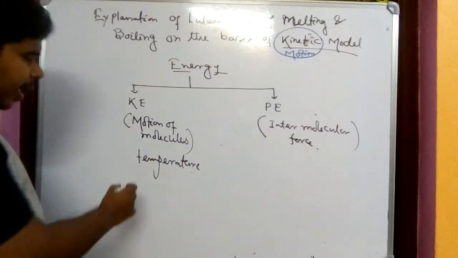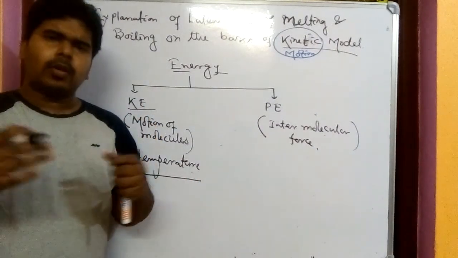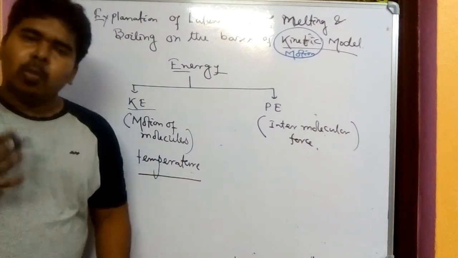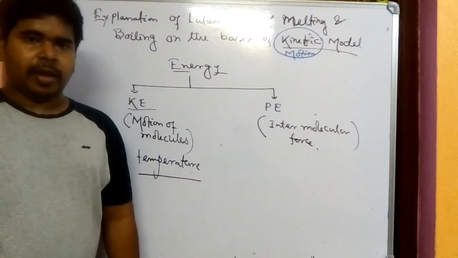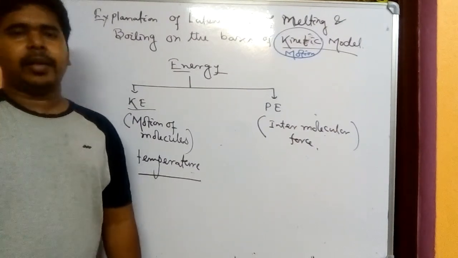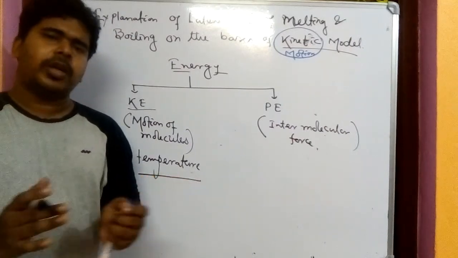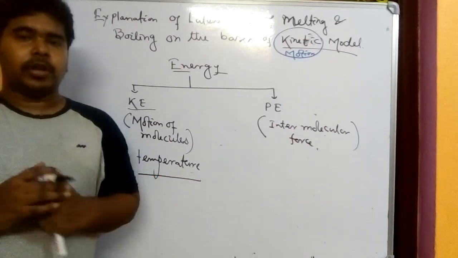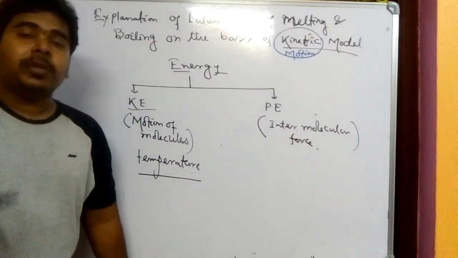So we can say that temperature and kinetic energy are exactly correlated with each other. More temperature, more kinetic energy. And the opposite also, less temperature, less kinetic energy, right? So that is the relation between kinetic energy and temperature. If you give more temperature, then the kinetic energy of the molecules will be increased.